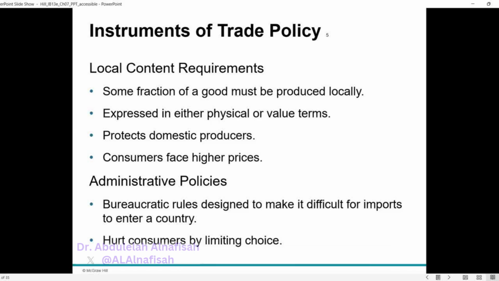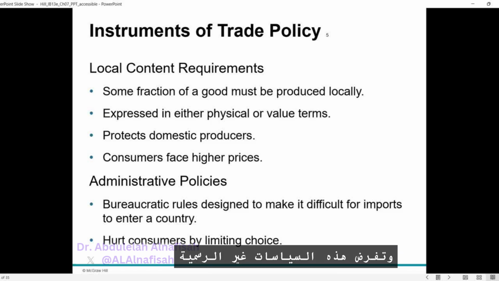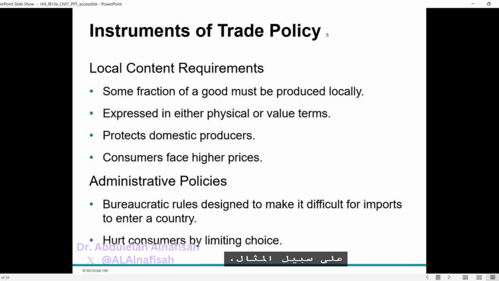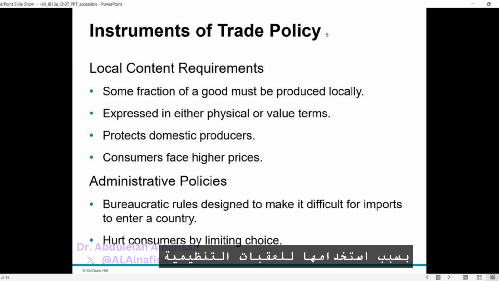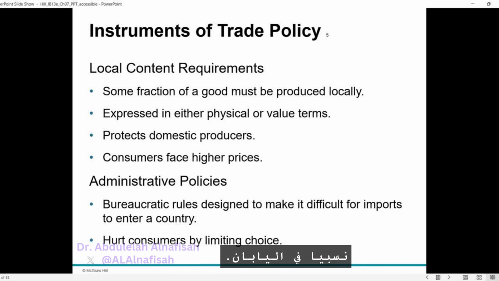Administrative policies are another tool governments use to control trade. These informal policies impose bureaucratic obstacles to imports. Japan, for example, has been criticized for using regulatory hurdles to limit foreign competition in its car market, where foreign car sales remain low despite Japan's relatively low formal tariffs.